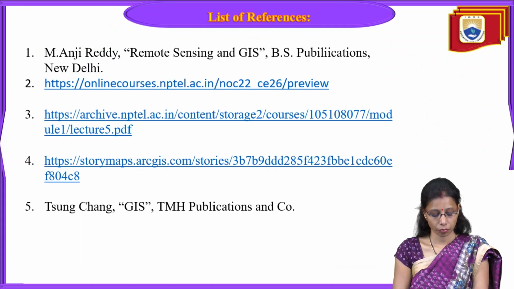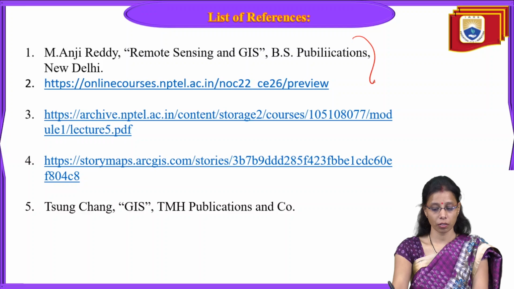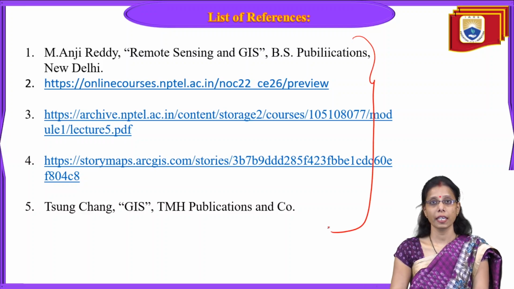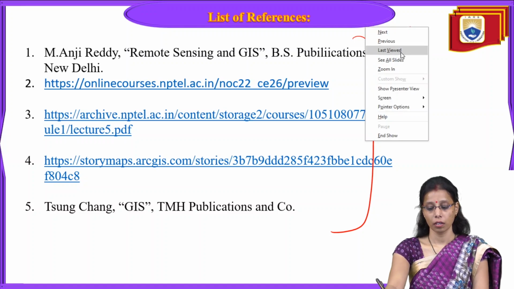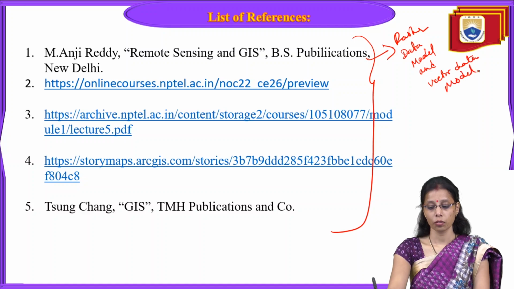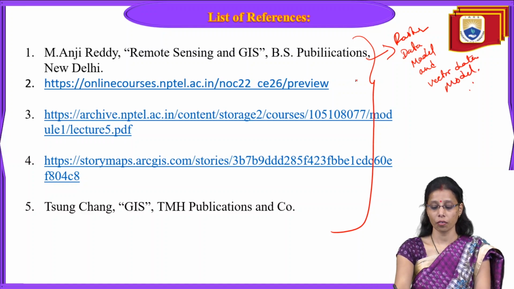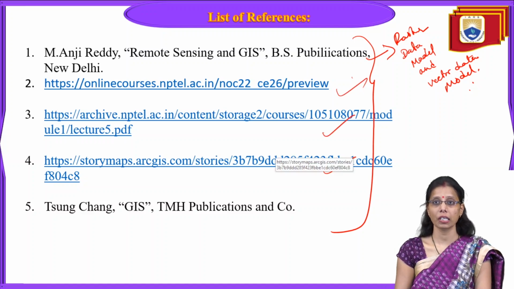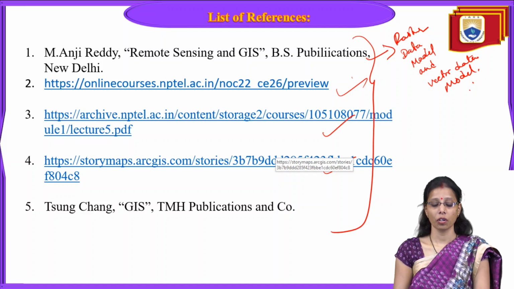Now these are a few references you can go through. For the raster data model and vector data model, you can go through M. Reddy, Remote Sensing and GIS, by VS Publication. You can find the content there to get more information about the different examples of raster and vector data models.